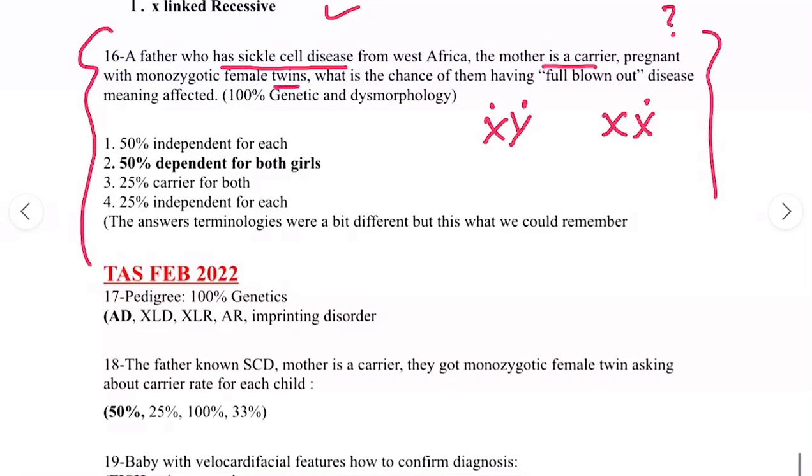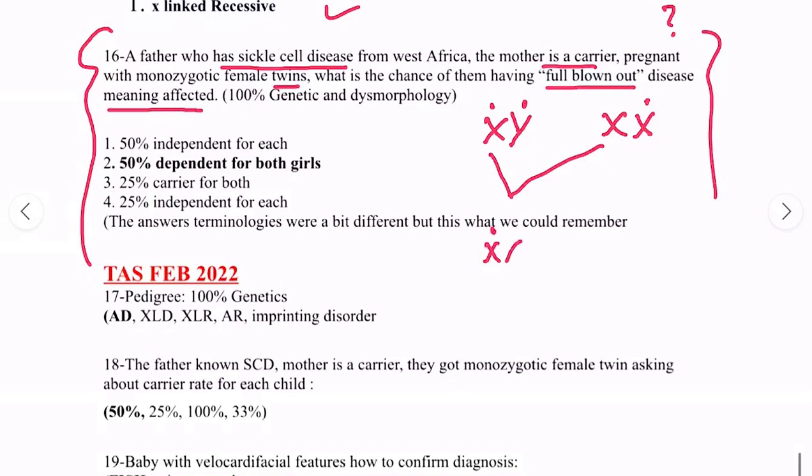What is the chance of them having full-blown disease, meaning affected? Options: 50% independent for each, 50% dependent for both girls, 25% carrier for both, 25% independent for each. So, what is the chance for them to have the disease?